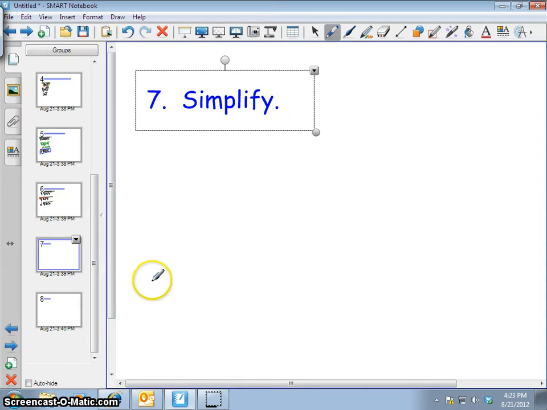Number 7, the problem says to simplify, and we're going to take 4 radical 27 and subtract radical 75. Now we cannot subtract radicals unless they have the same number underneath the radical.